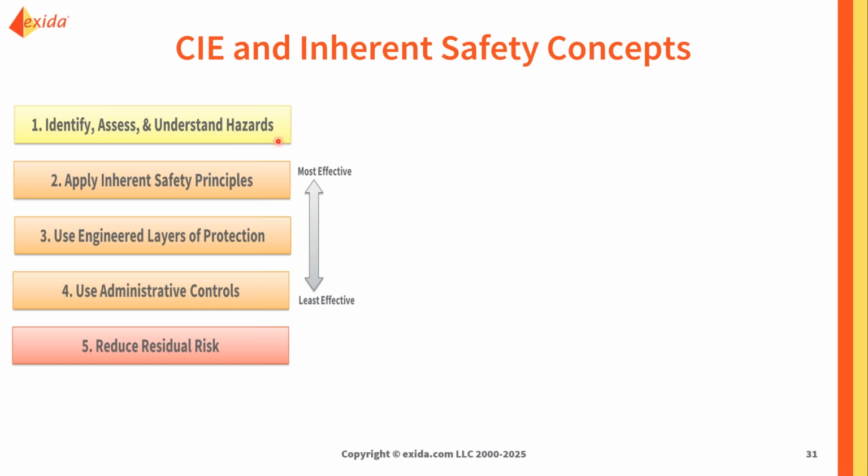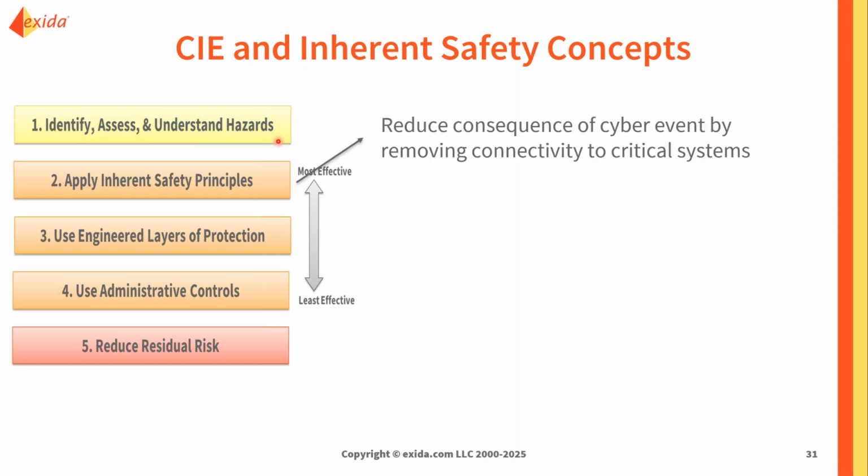And then from a mitigation standpoint, the first approach in CIE is to say, can we reduce this consequence of a cyber event by removing connectivity to a critical system? And so for certain systems, if we look at a national level for critical infrastructure, if there is a single component that could cause a nationwide power grid failure, we might look at that and say, well, regardless of how well protected that component is, the fact that we have a single point of failure for the entire network is unacceptable.